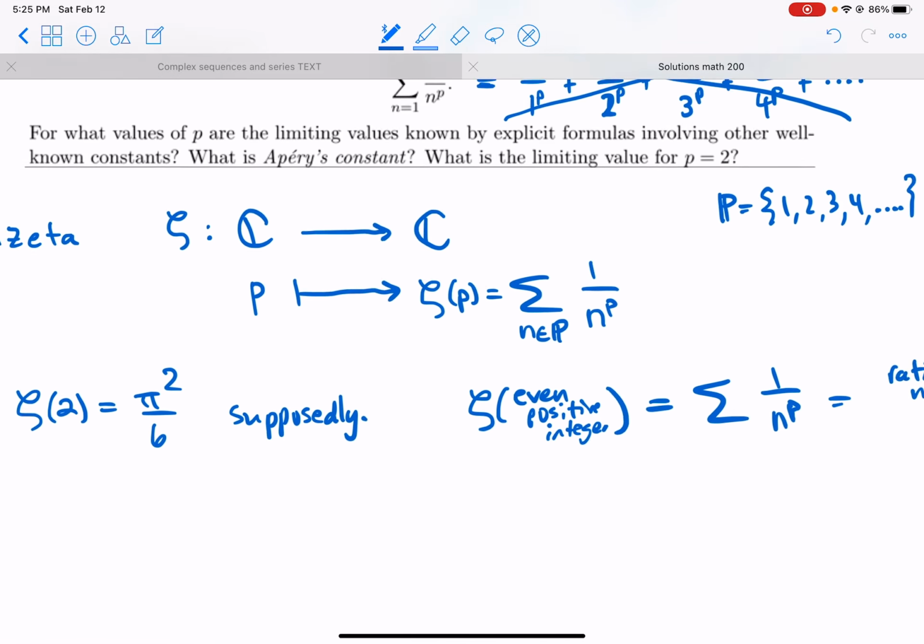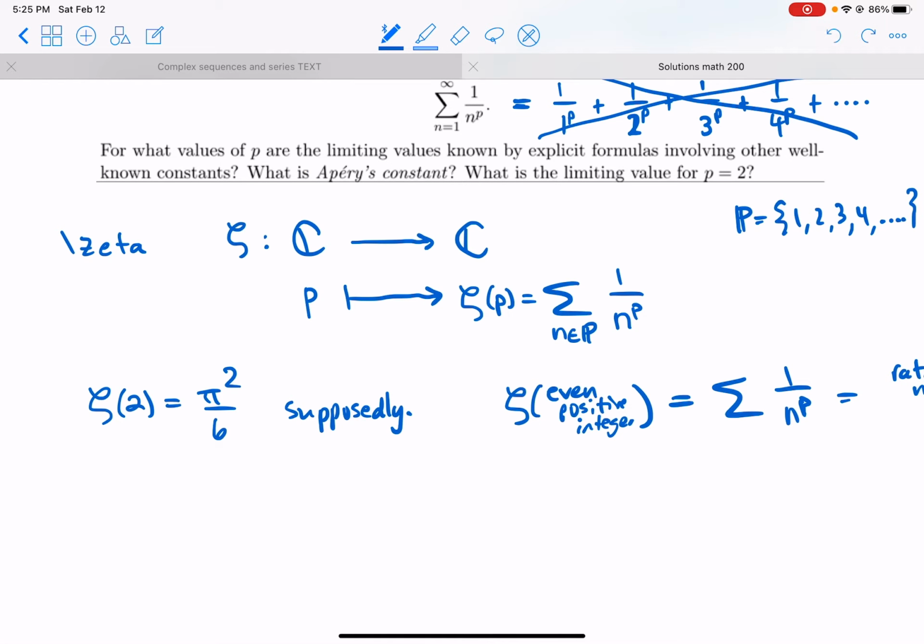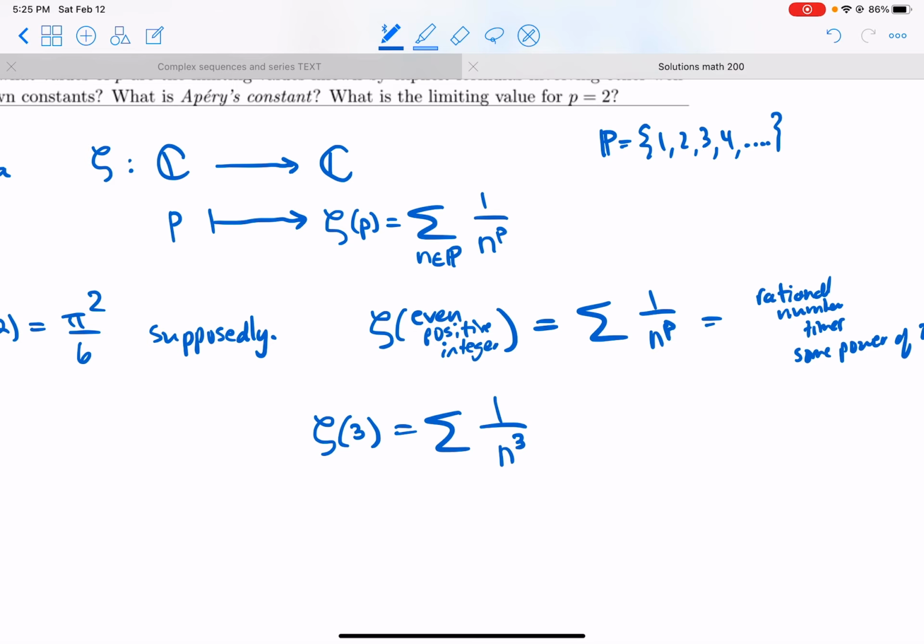Also, what is Apery's constant? Well, zeta of 3, literally the sum of 1 over n to the third, equals, well, nobody knows what it equals. So at least somebody named Apery proved it's not equal to some rational number.